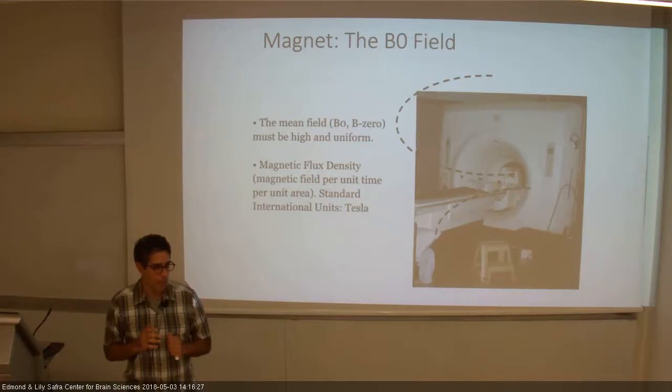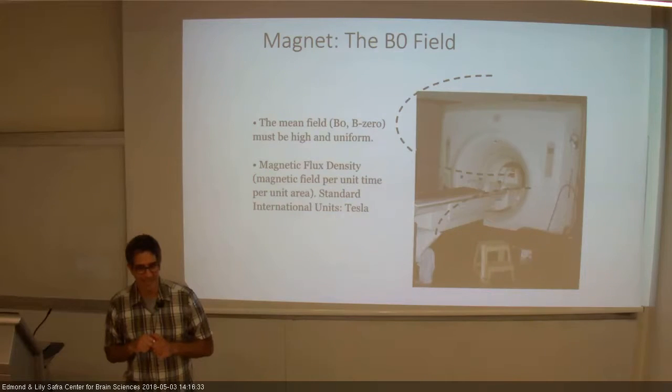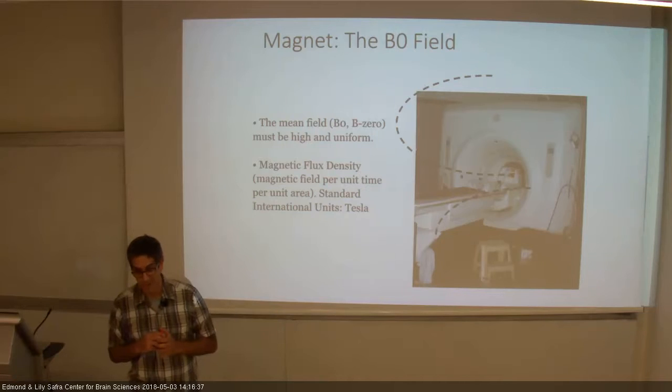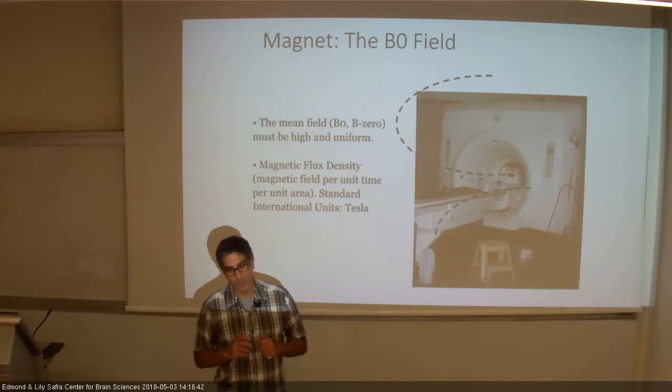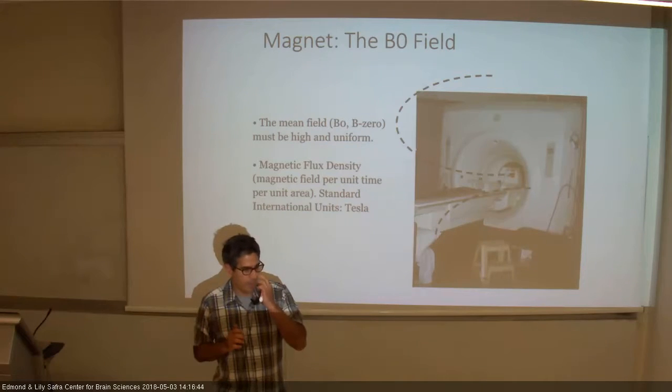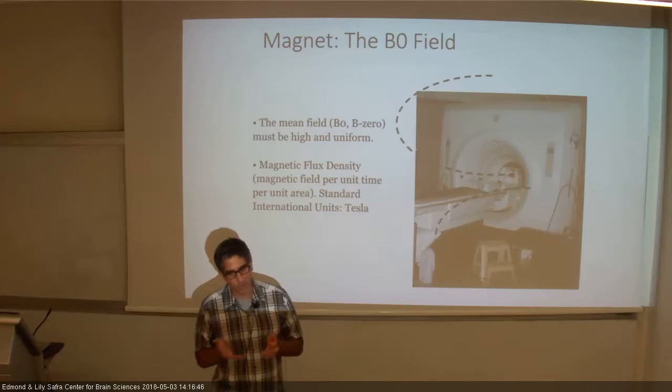I will just tell you that it's actually a problem that it's always there, because something we forget. What happens if you come with a metal to a magnetic field? What do you think would happen? If you come with a metal to a magnetic field? It will fly. It will fly like a bullet. So that's the main risk in MRI, actually, to the machine and to the subject, if there is a subject.